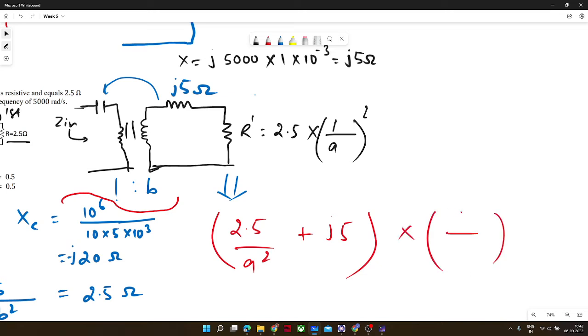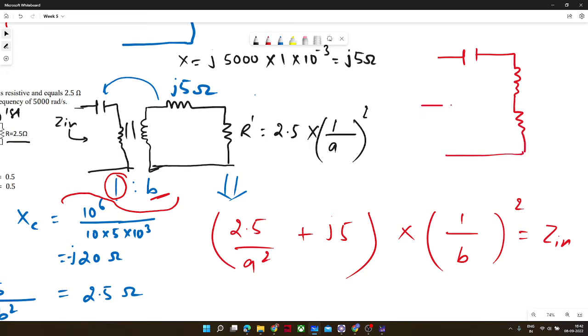That ratio would be, we are moving towards 1 from B, so 1 by B square. So that would be the complete Z in. And how would it look? Capacitor, inductor, resistor. This would be your Z in.